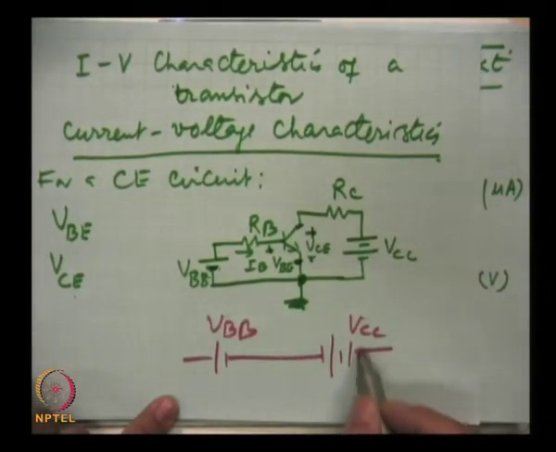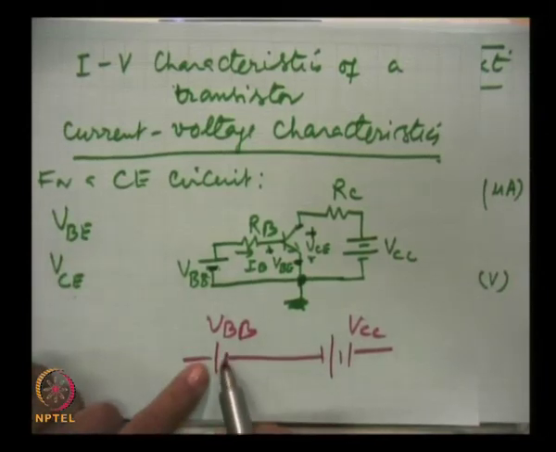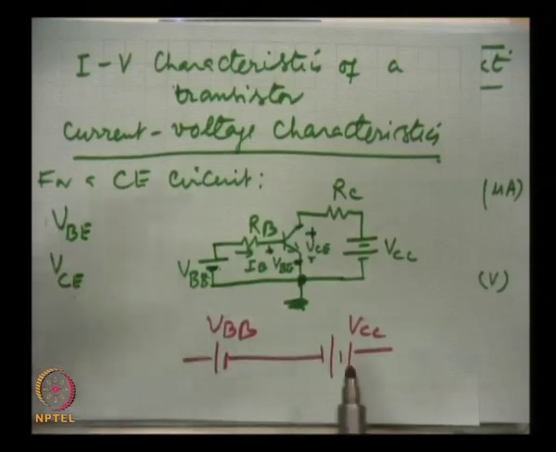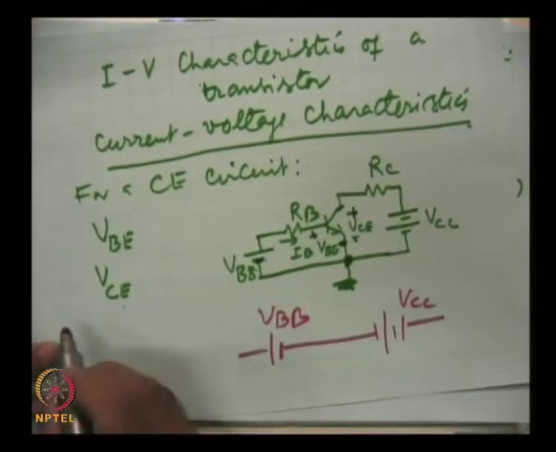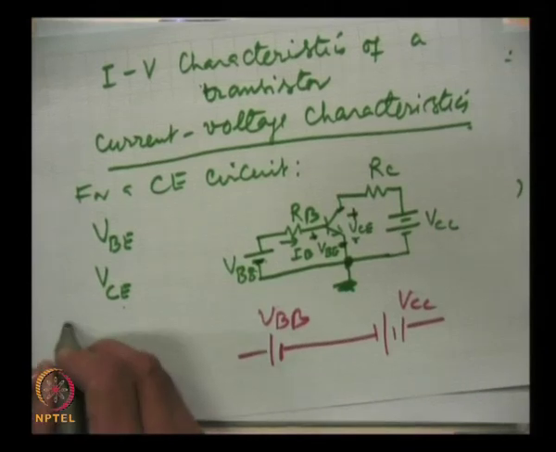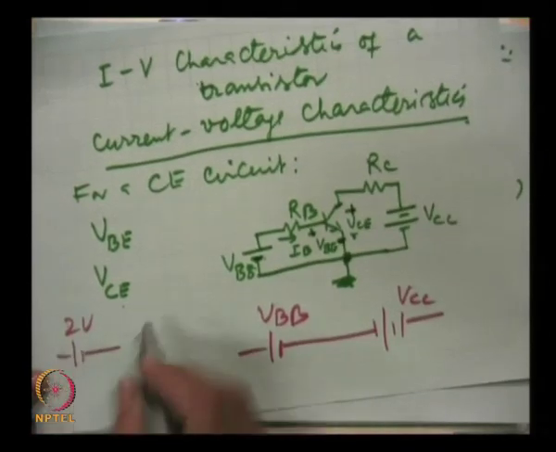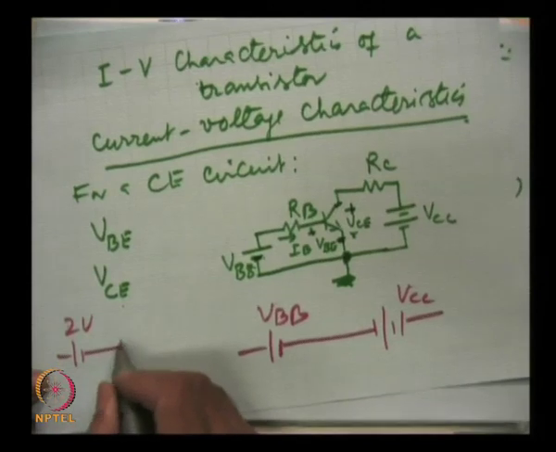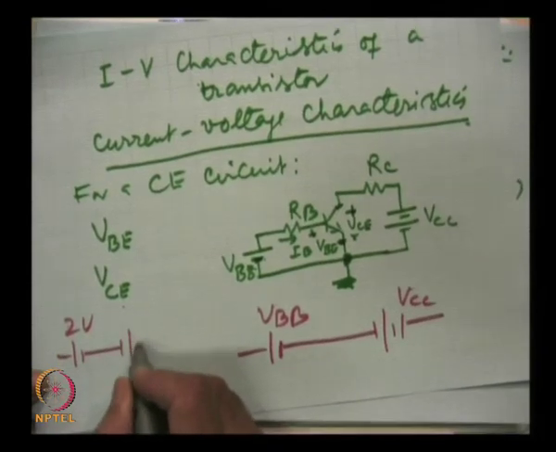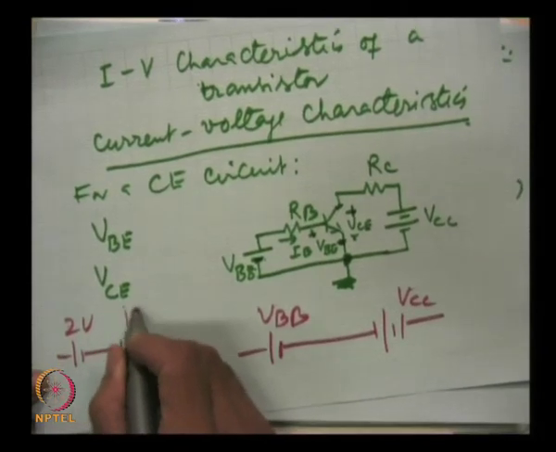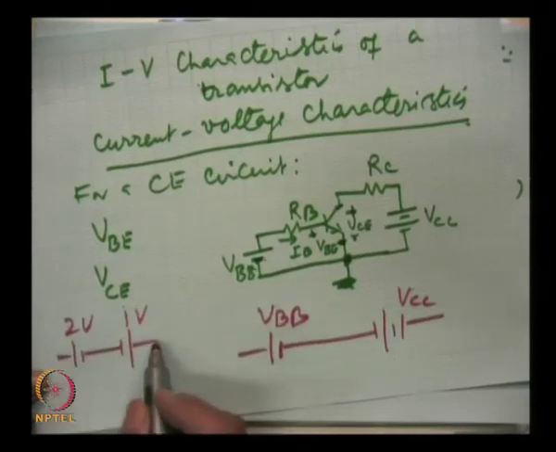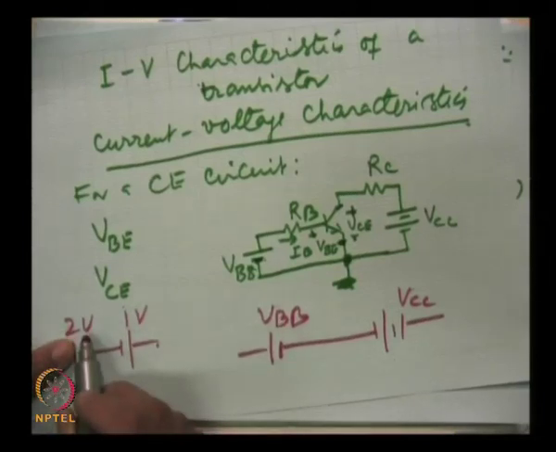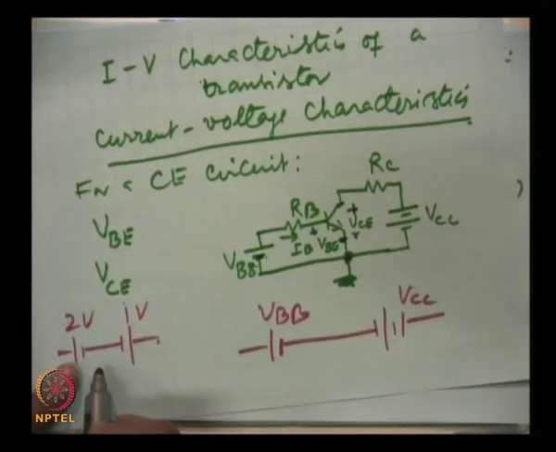If this is very small, then this will be dominating. Very simple. If you take for example a 2 volt battery with this polarity, and you connect here a 1 volt battery with this polarity, then what will be the effective potential? The difference of the 2, and this polarity will be dominating.